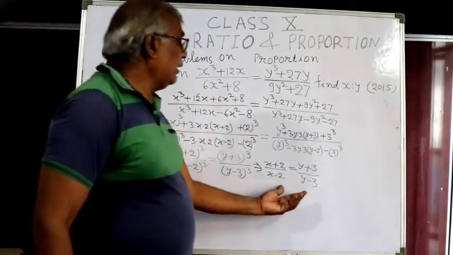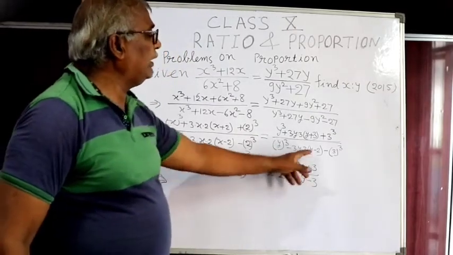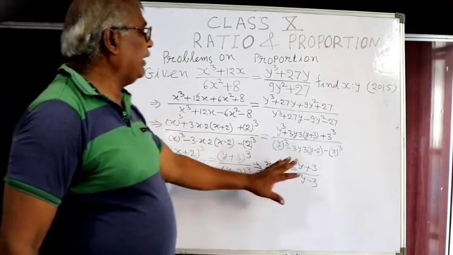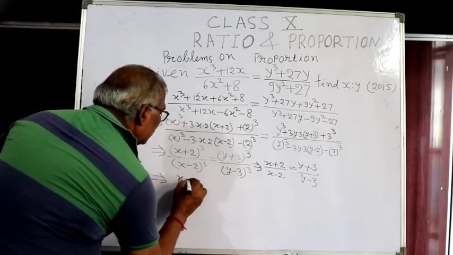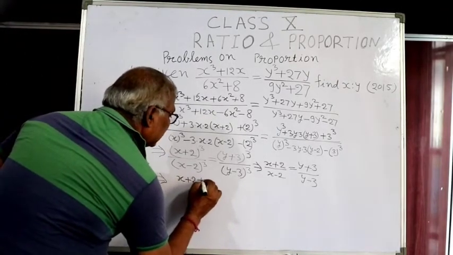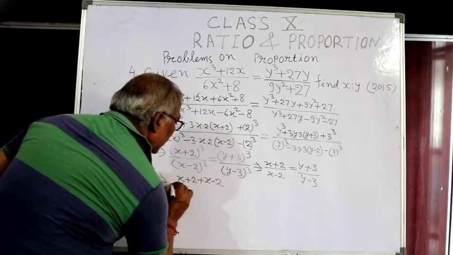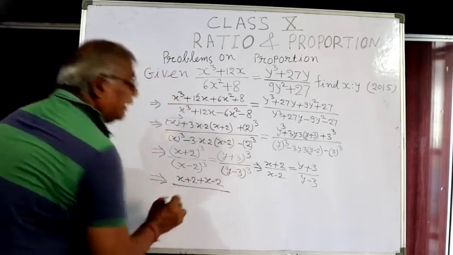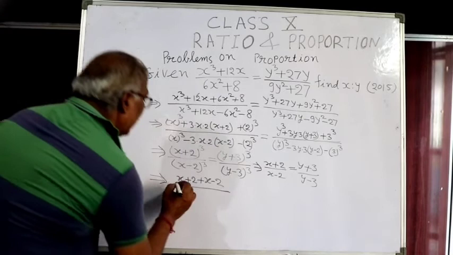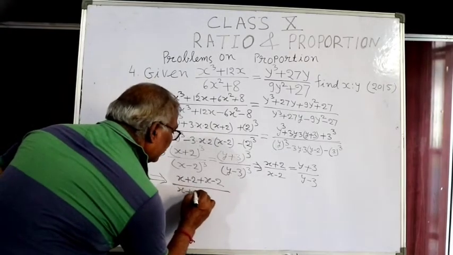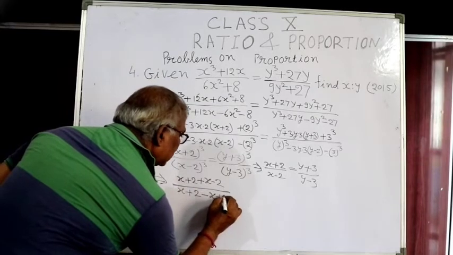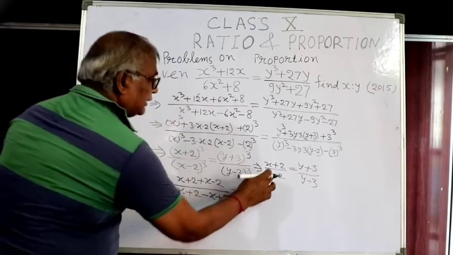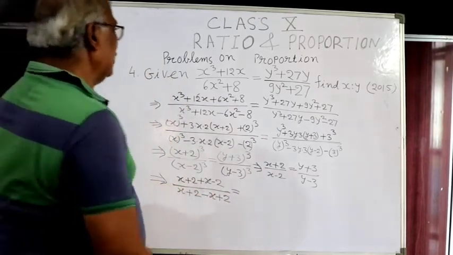Now applying componendo and dividendo rule again, we can find the result. x plus 2 plus x minus 2, upon x plus 2 minus x plus 2. This sign will be changed here.